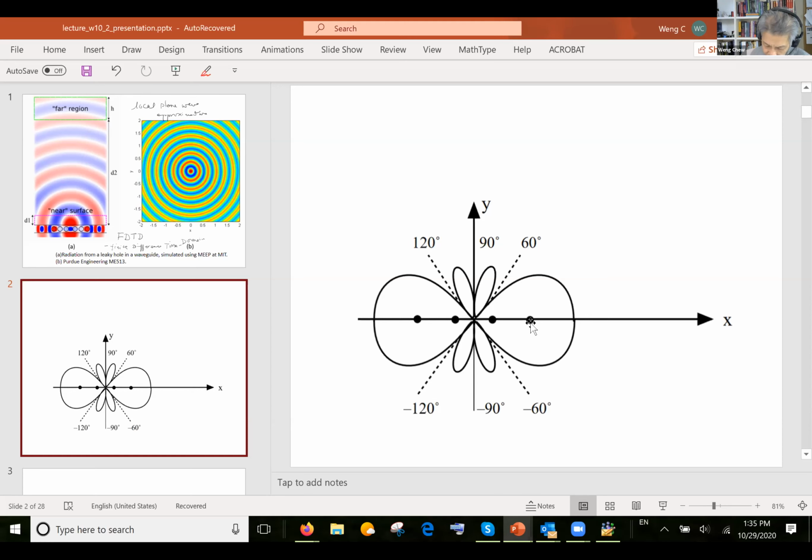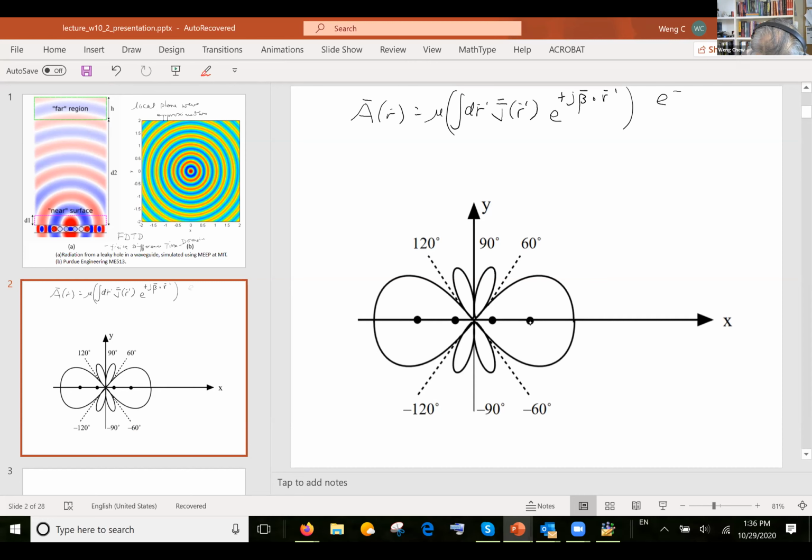The far field, as we showed last time, we started with the radiation integral, which is this thing over here, something like J(r prime), and then with the e to the plus j beta dot r prime. And then outside we have a spherical wave.